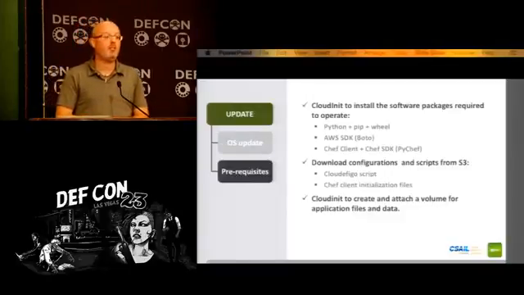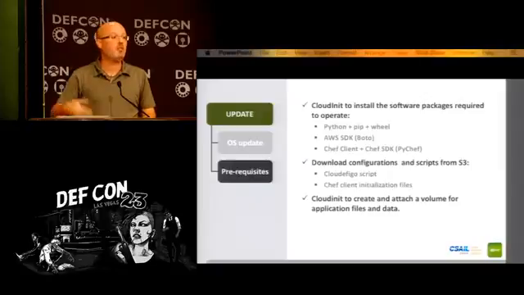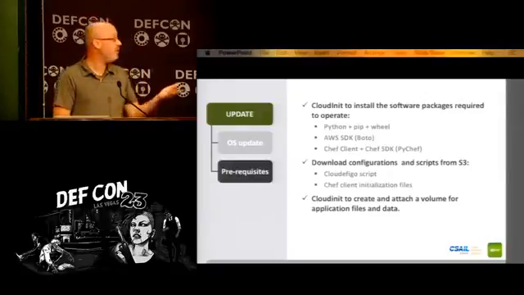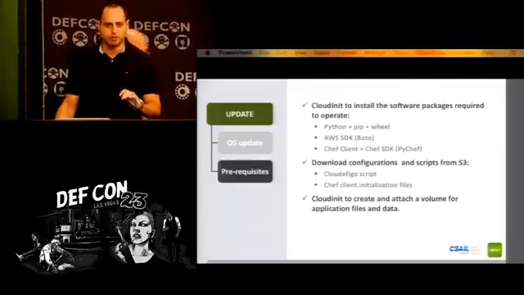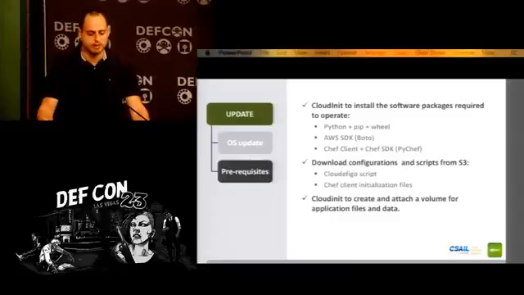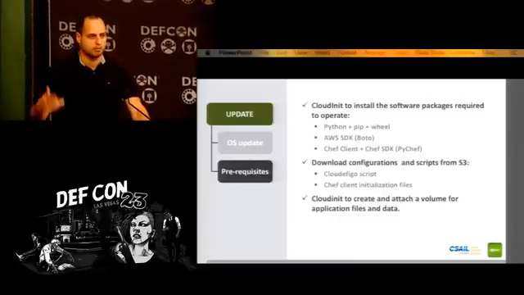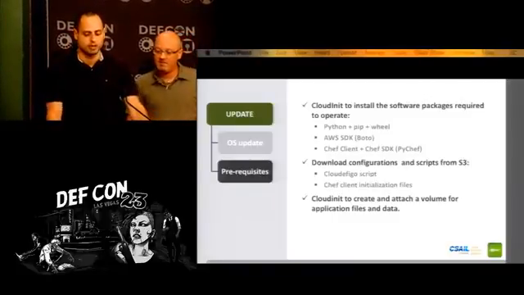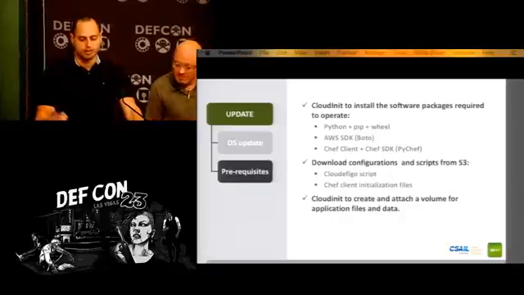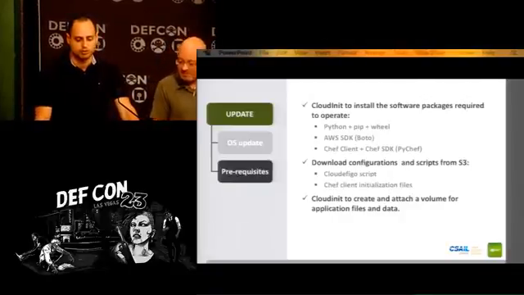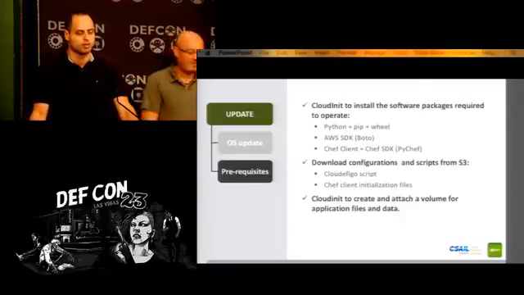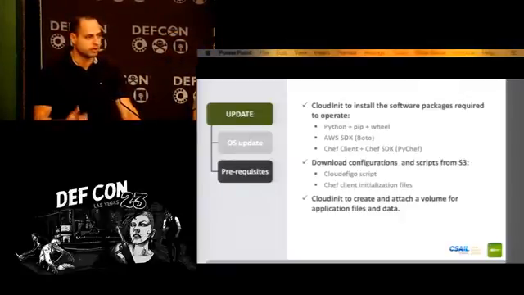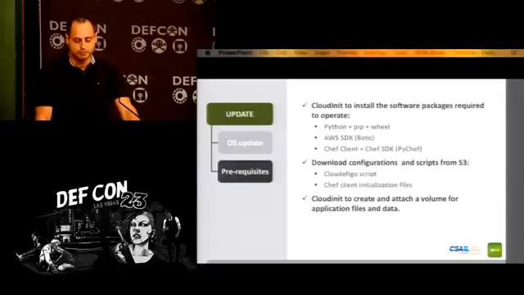We install all the prerequisites, everything we need for the Cloud Init to move on. You want to explain what kind of things you have over there? Yeah, so again, since we're using Python, we have basic packages. We have the Python pip wheel. Basically, we want to have pretty quick installations. We also have the Amazon SDK, which is Boto, and the Chef client, because we already mentioned that in the components we have a management component.